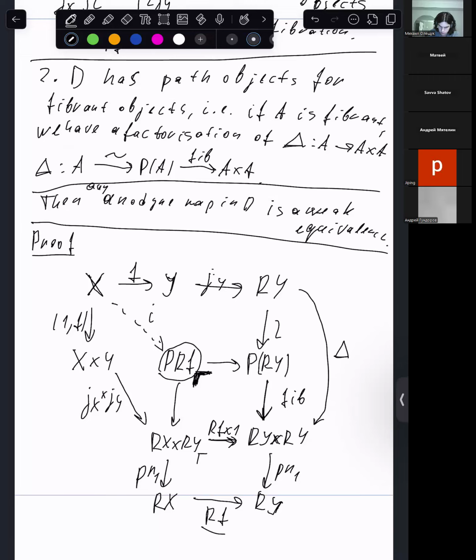PRF is just a notation for this pullback.